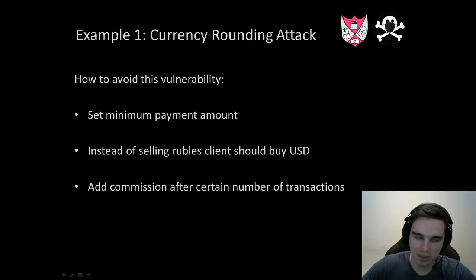Instead, we should allow them to buy USD. For example, the client will buy 0.01 USD, and after that the client will get a price, and then they can finish the transaction. In this case there is still rounding, but the numbers are bigger, and it will be unprofitable for anyone trying to exploit this vulnerability.